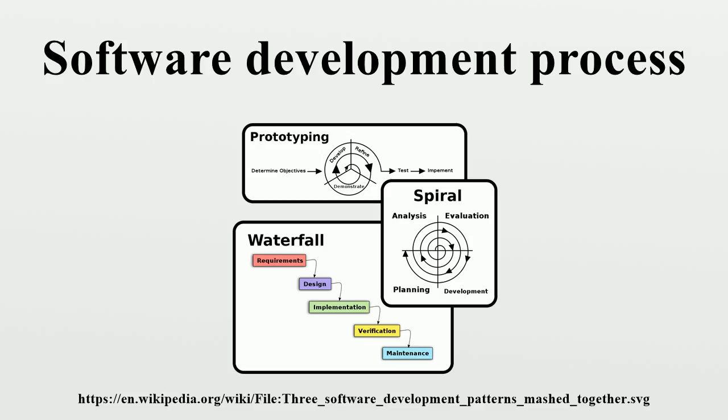Each cycle involves a progression through the same sequence of steps, for each part of the product and for each of its levels of elaboration, from an overall concept of operation document down to the coding of each individual program.